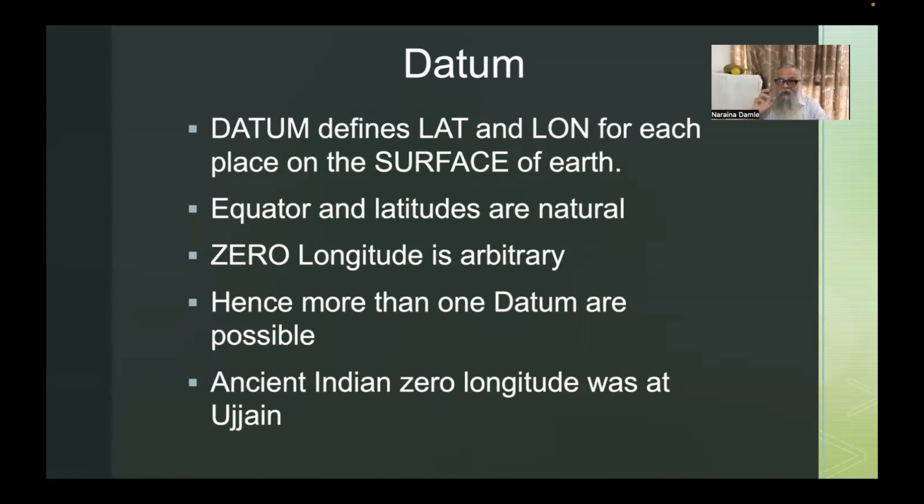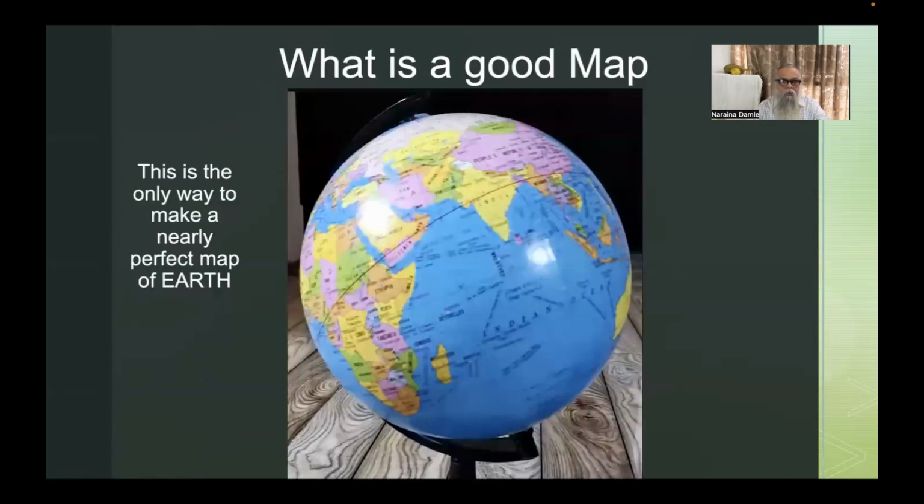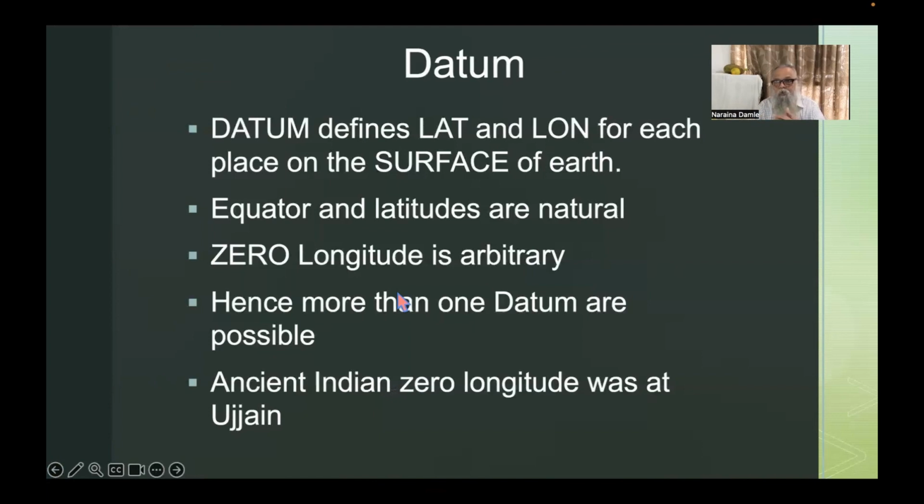Now, the currently used popular datum is what is called WGS 84, which many of you might have heard. Let me not go to that, because before this I want to show you a presentation or something else. So WGS 84 is the term used for the datum that is currently in use.